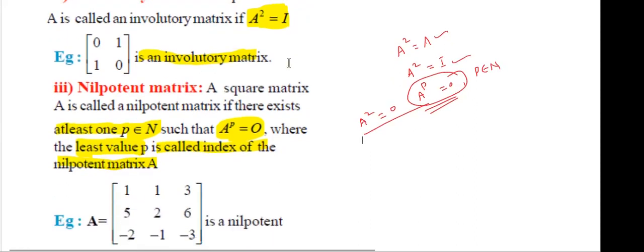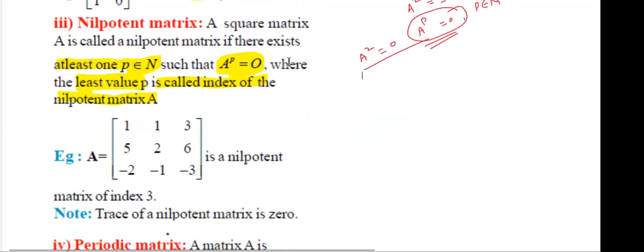And observe here, this example is a nilpotent matrix of index 3. Index 3 means here you will get A cube value 0, and A power 4 also 0, A power 5 also 0. These all exist, but what is the least value of P? 3. 3 is the index of the nilpotent matrix.